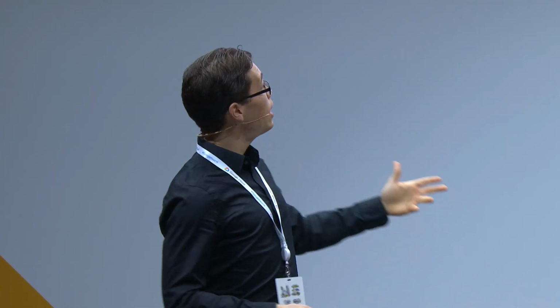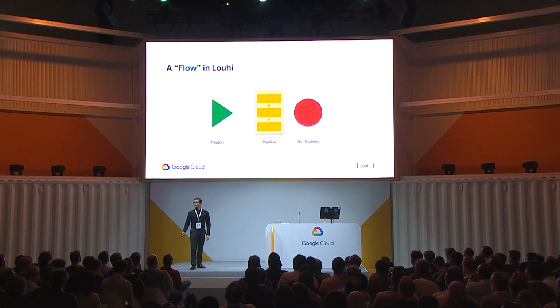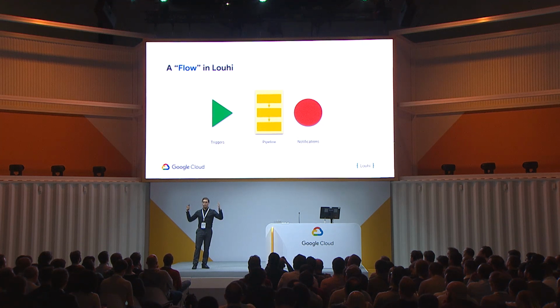All right, well, Louhi is essentially a release orchestration tool. Release orchestration, for those of you who don't know, is essentially how you can automate the process of planning and managing a software build through different stages and environments, including testing and deploying releases to your end users through continuous integration and/or deployment, which is what CI/CD stands for. Like most other tools relating to CI/CD, Louhi has this concept called a flow.